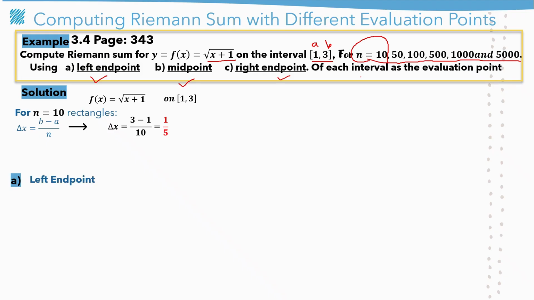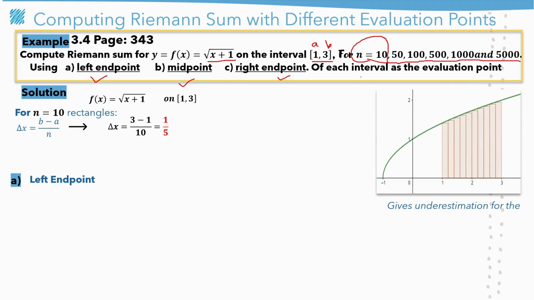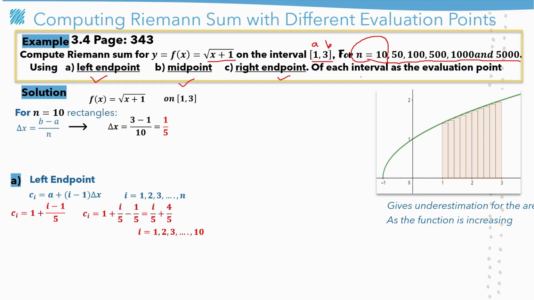Now let's start with the left-hand point. As I mentioned in the previous slides, the formula for the point is a plus (i minus 1) delta x. Let's substitute a as 1 and delta x as 1 over 5. So you will be receiving i over 5 plus 4 over 5. How?